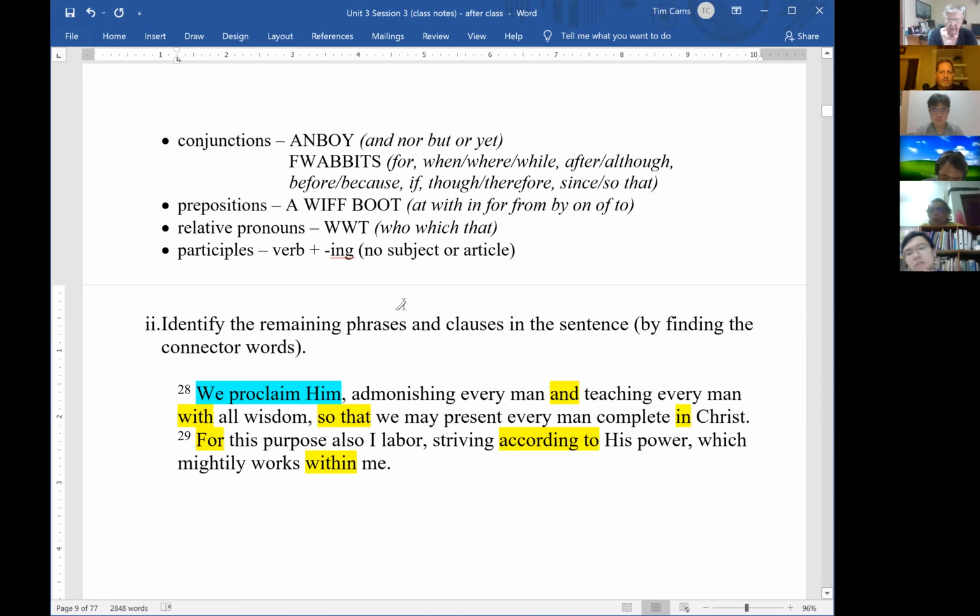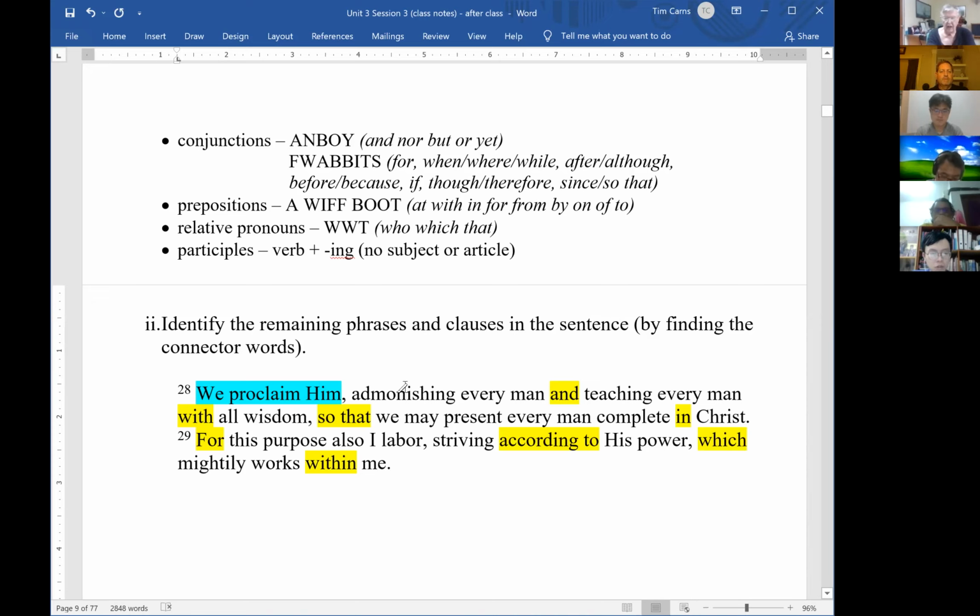Okay, how about any relative pronouns? Who, which? Well, you've got a which there. Yes, which. And then finally I look for the participles, which are the verb plus the ing endings. Any of those?